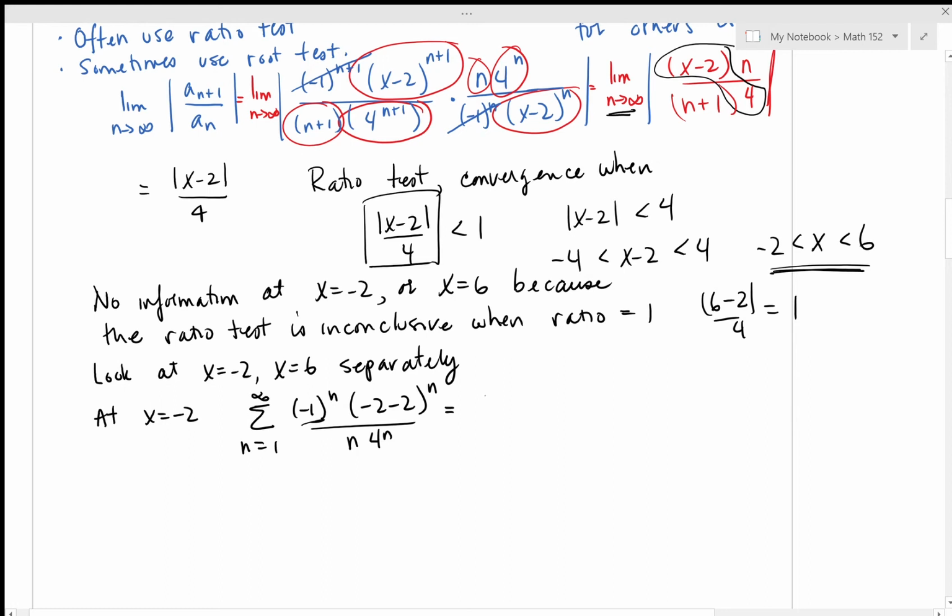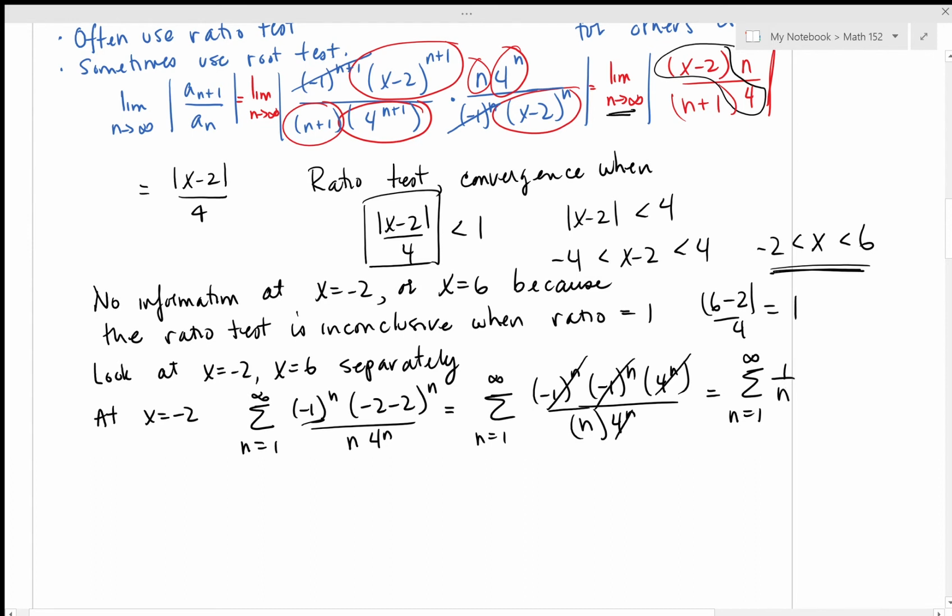Maybe I'll do another step here. That'll look like this: minus 1 to the n times minus 1 to the n times 4 to the n over n times 4 to the n. And then these two things will cancel out, and it looks like this. Okay, and what series is this? It diverges. This is the harmonic series, which diverges.